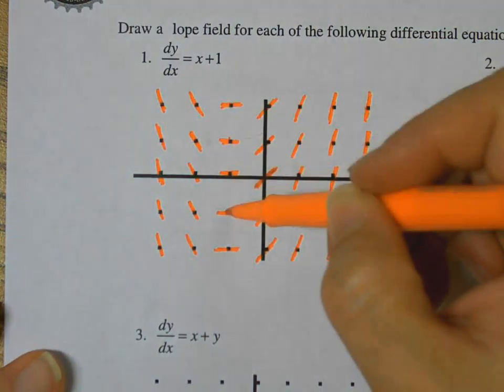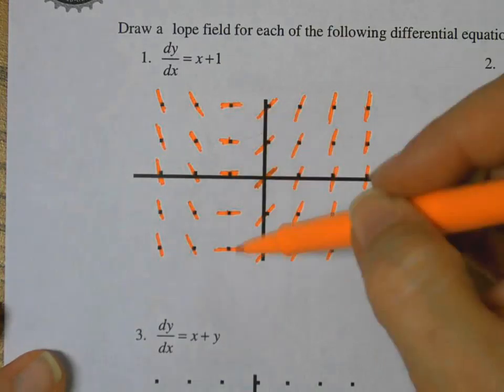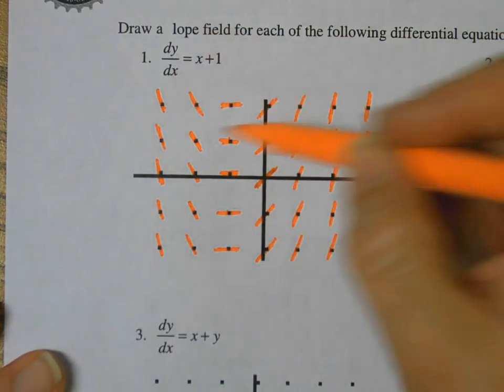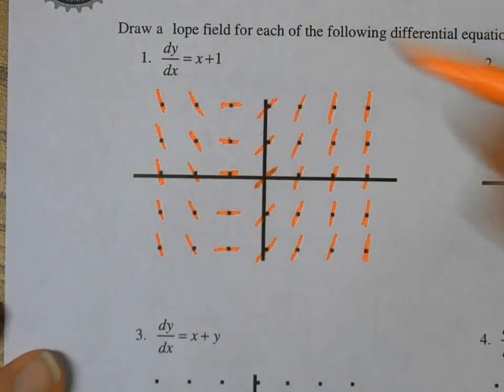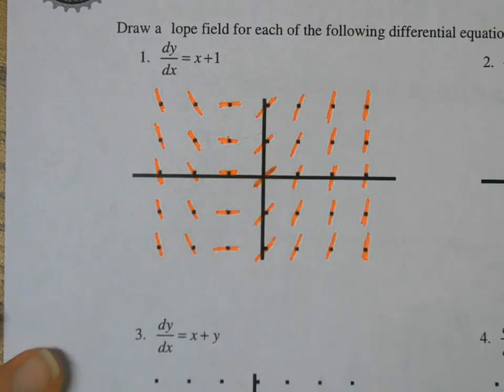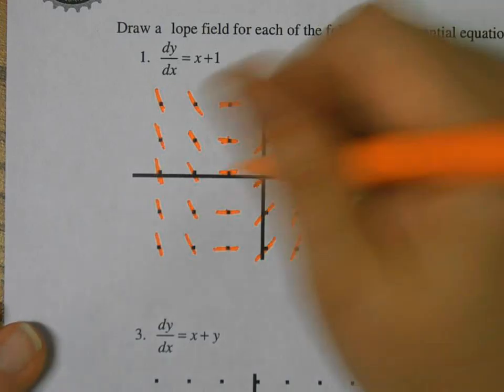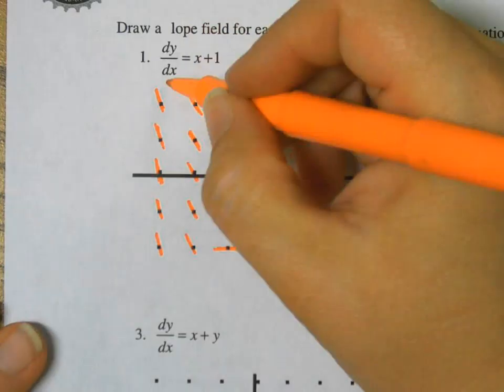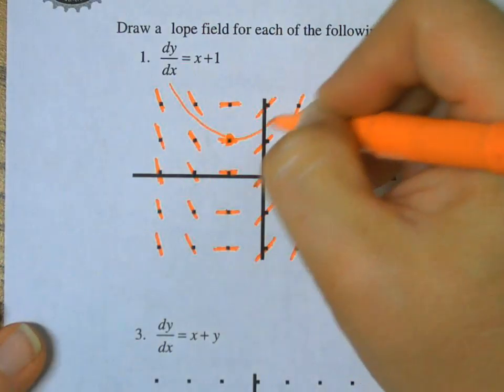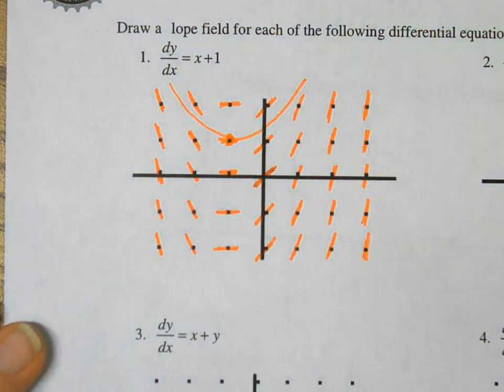So all the points that have a y of 0, which would be all the points on the x-axis, right? (0, 0), (0, 3), those would all have a slope of 0. And then all the points where y is 1 would have a slope of 2. So all these points, (0, 1), (1, 1), (2, 1), (3, 1), (-1, 1), all these points would have a slope of 2.